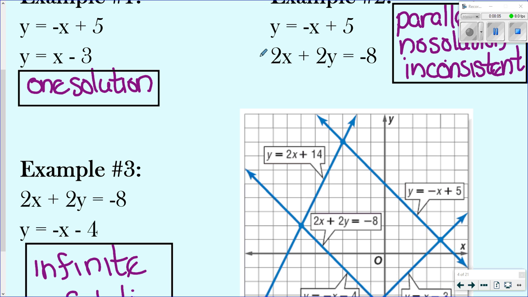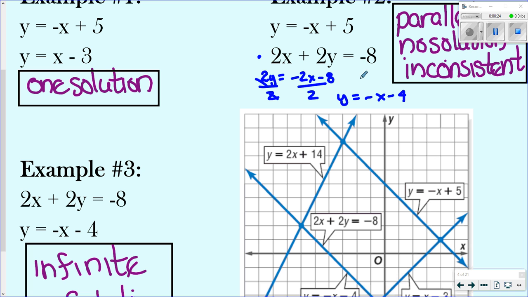So I'm solving for y. I'm subtracting 2x on both sides, and then dividing by 2 on both sides, and this gives me y equals negative x minus 4.